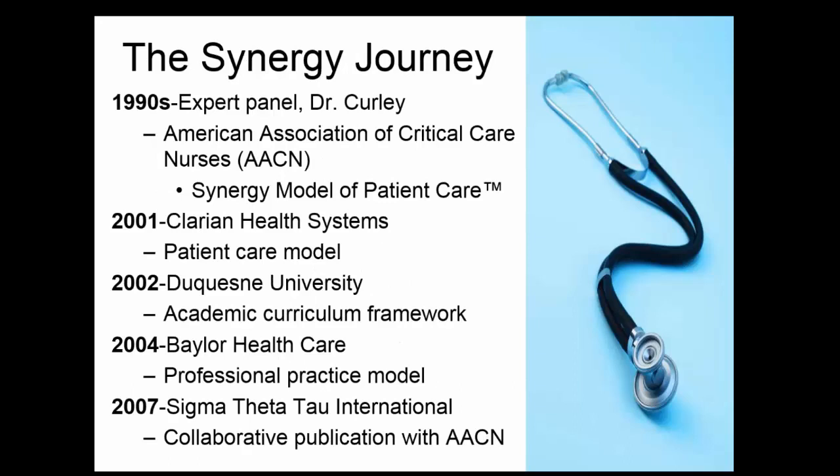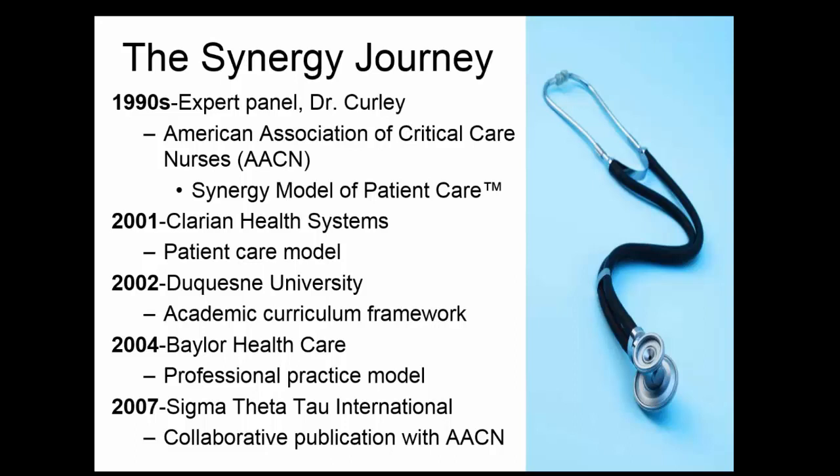Martha wasn't satisfied with just developing a conceptual model, so what she wanted to do was really flesh out what types of patient characteristics are fundamental to critical care patients, and what the nurse characteristics or competencies are that are necessary to care for critical care patients.